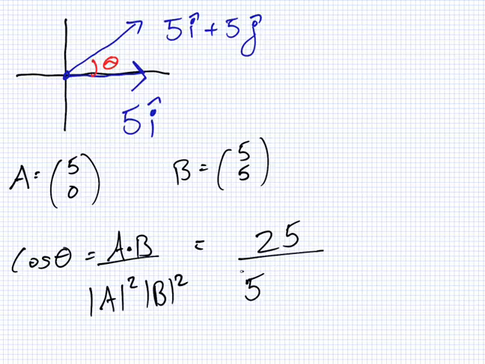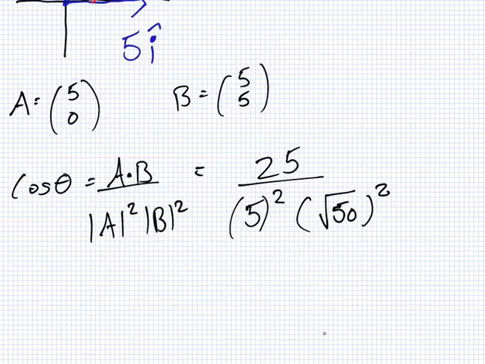It's 5. And then we square it. And then what's the magnitude of B? It's square root of x squared plus y squared, root 50, squared, good job. So that means cos theta, well, what's 5 squared? 25, so that's gone. 1 over square root 50 squared. Yes, so this is 1 over 50.